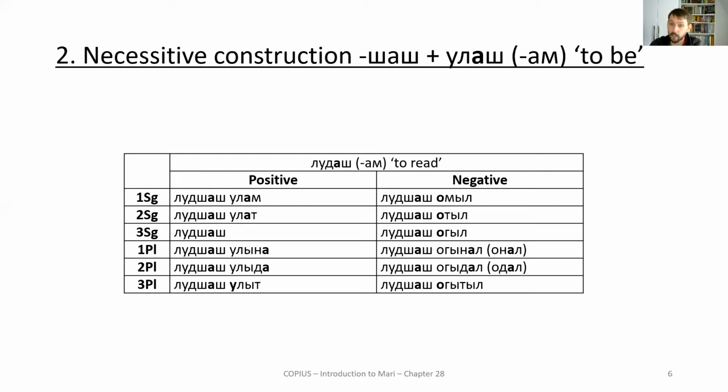We already had kulash, like melam ludash kulesh, I have to read. We had the necessitive infinitive in man, melam ludman. In those two, the person who has to do something was always in the dative. In this now, careful, the person that has to do something is in the nominative and is marked on the verb, mi luchash ulam, I must read.